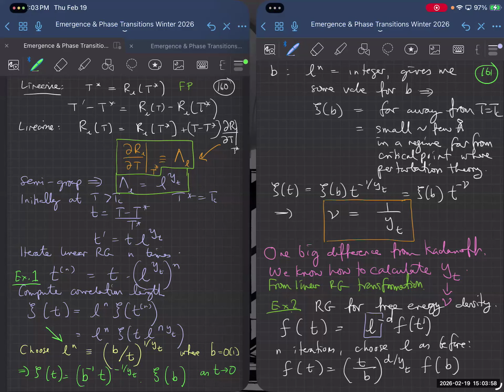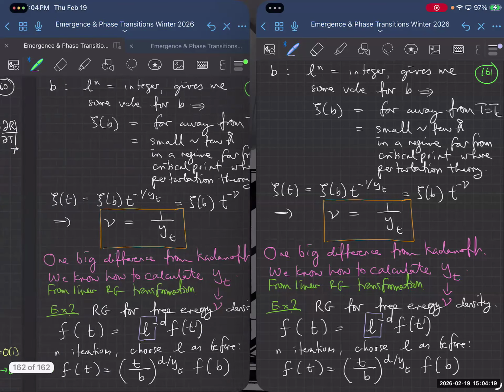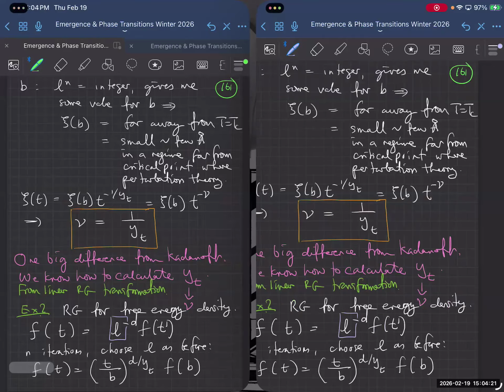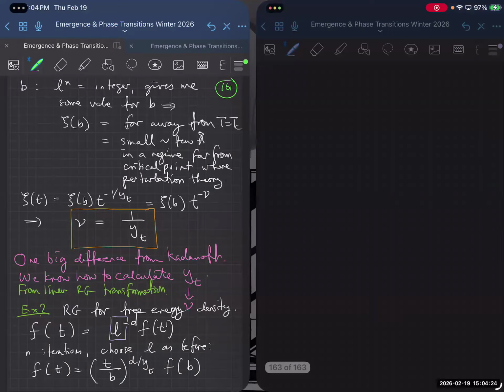And that's how the T dependence comes in front of the F. F is then evaluated at a distance B, where T minus TC is some order one, so it might be at twice TC, somewhere way above the critical temperature, where I can just calculate it by standard methods. And so I've now seen how the free energy scales.